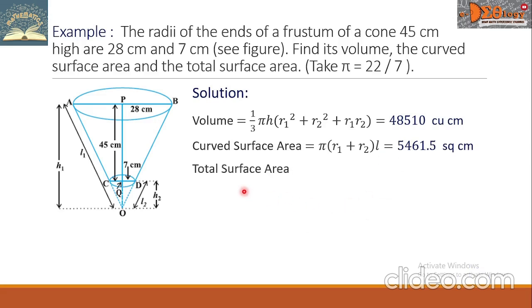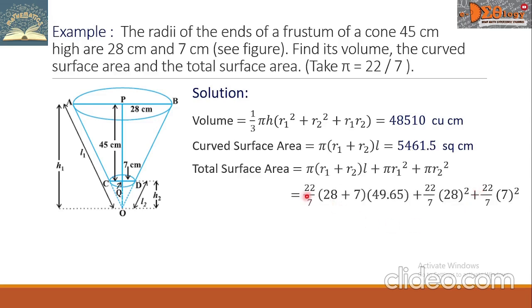Let us now proceed to the total surface area, and this is our formula. Let us substitute the corresponding values. We have now 22 over 7 times the group 28 plus 7 times 49.65 plus 22 over 7 times the square of 28 plus 22 over 7 times 7 square. The first group here is actually the curved surface area, and this is the value that we derive. We can simply use this and substitute here.